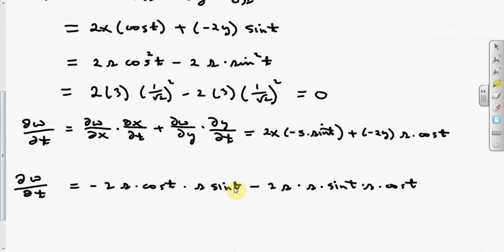Okay, we got that one. Move over here. This is negative 2 times y, and I think I added in an extra s. So this is negative 2, y is s sine t, then times this s cosine t. Yeah, it's just s squared.